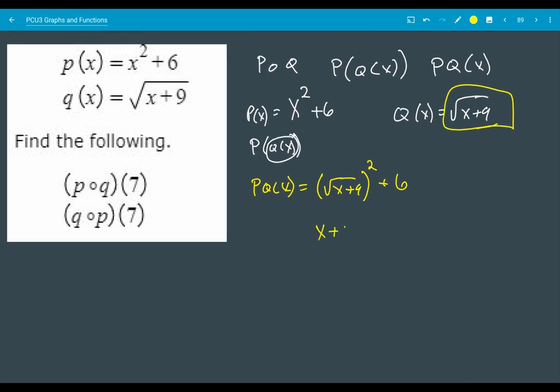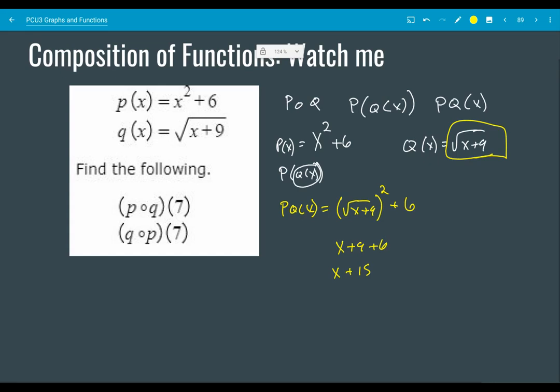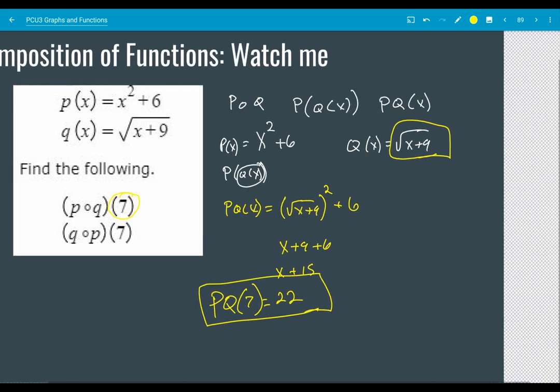And we can simplify to x plus 9 plus 6, or x plus 15. Okay. So we've done the composition, and it says to evaluate it at 7. So we're going to plug in 7, and we're going to get 22. So PQ of 7 is equal to 22. So that's how you do the composition of functions.